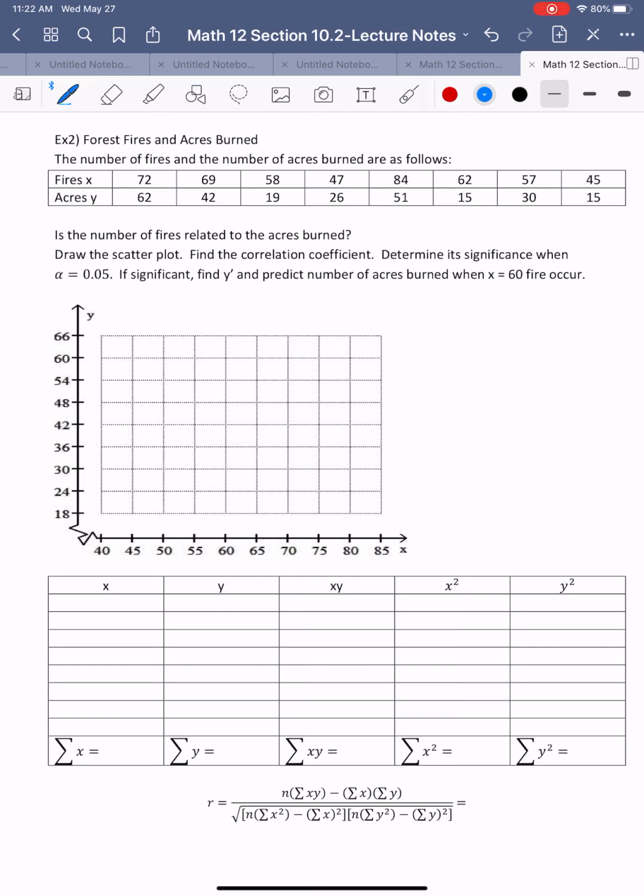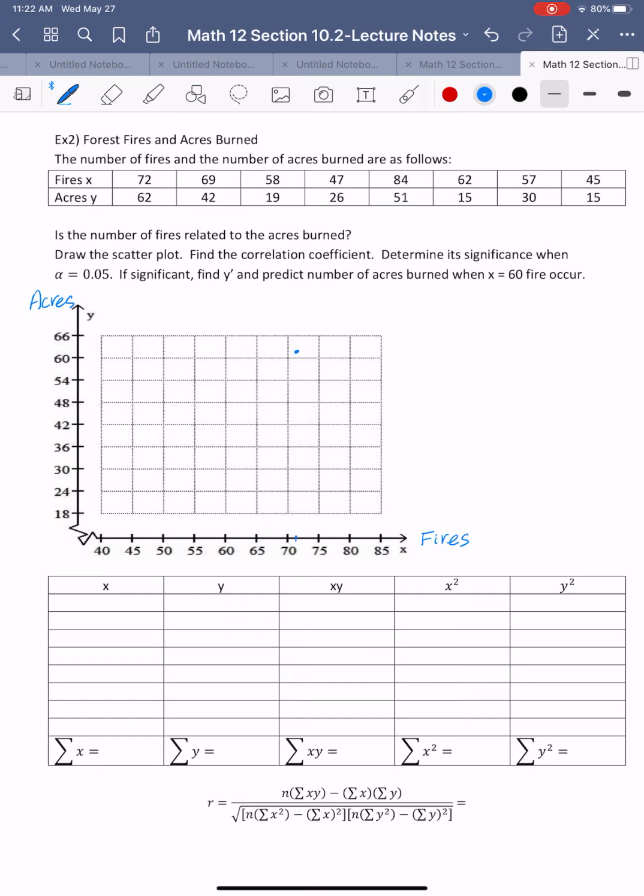Okay, so first of all, on the plane, this is the number of fires, and this is acres burned. So 72 fires has 62 acres. 72 is about here, so 62 is about here.